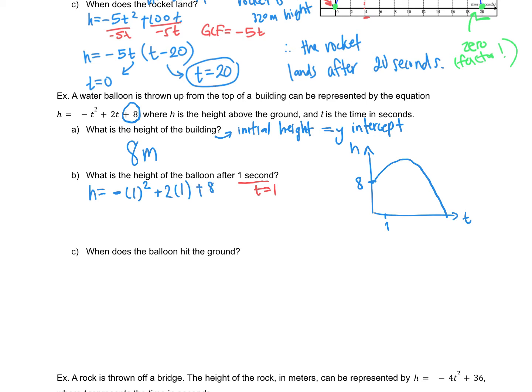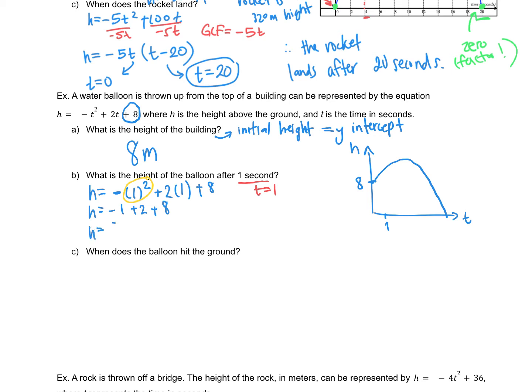So again, thinking of BEDMAS, exponents come first, so I'm going to do this 1 squared, which is just 1. And 2 times 1 is also just 2, so I'm just going to clean that up because the 1 doesn't do much. And then once I've done that, now I just simplify this. Negative 1 plus 2 is 1, and then plus 8 is 9.